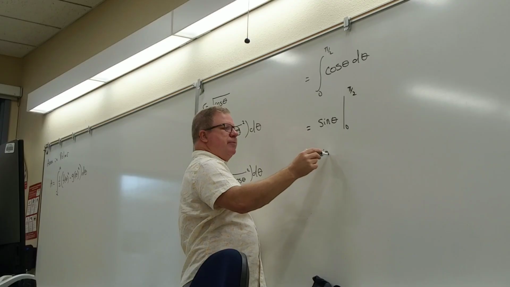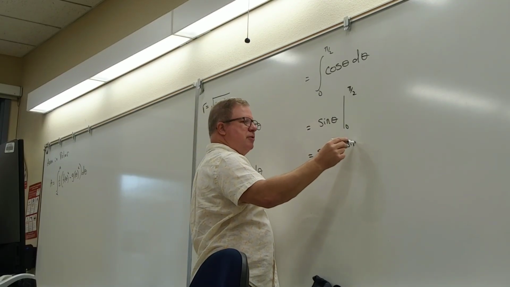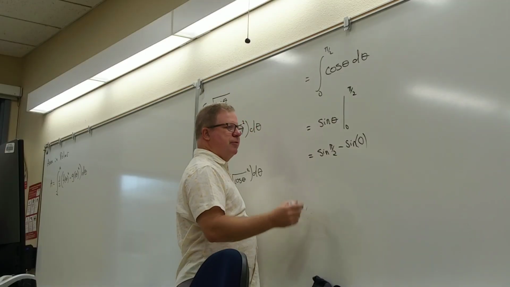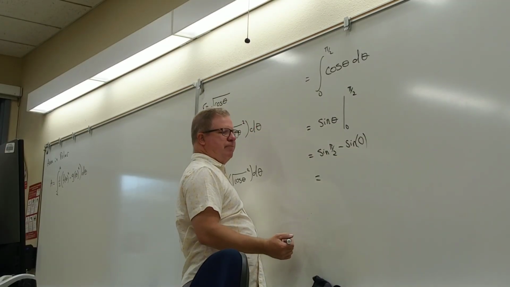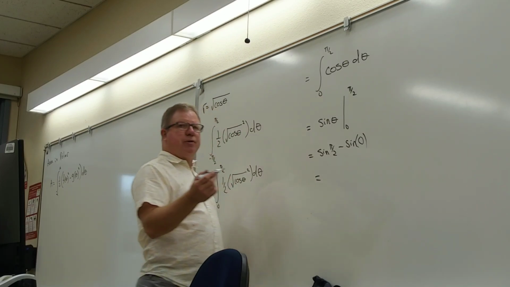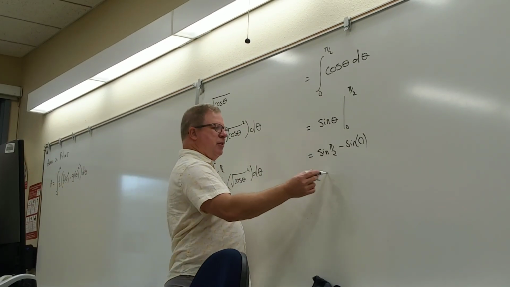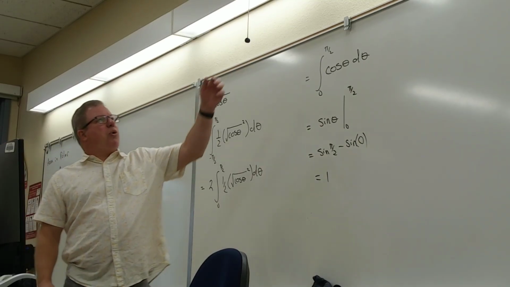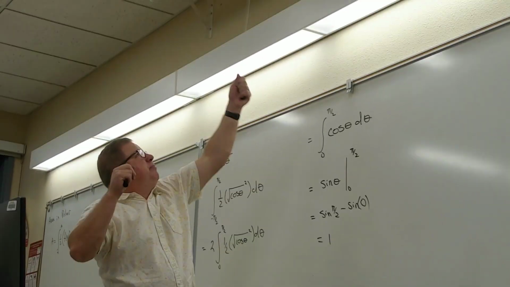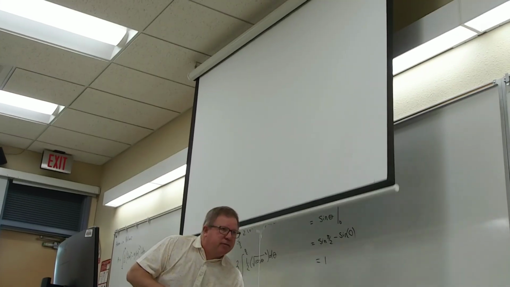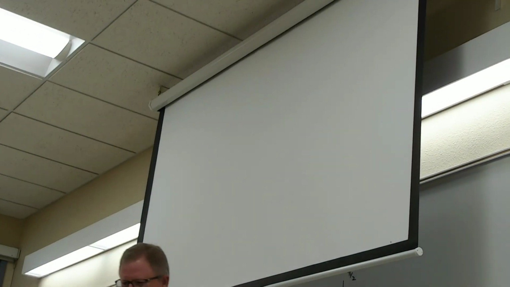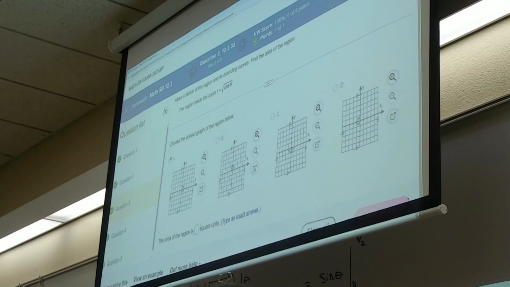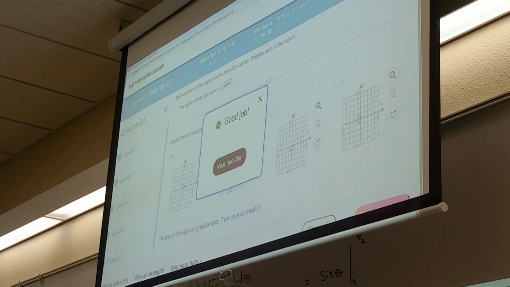So plug in pi over 2 minus 0. What's sine of pi over 2? Cosine of pi over 2 is 0. Sine is 1. You can get those from your unit circle. All right, this one should be 1. That is correct.